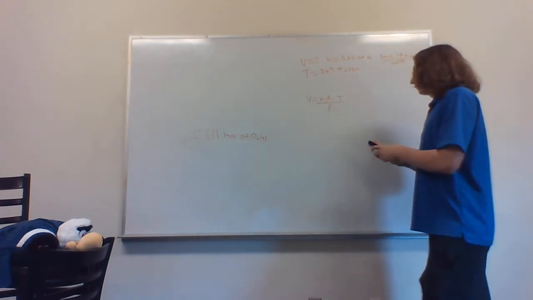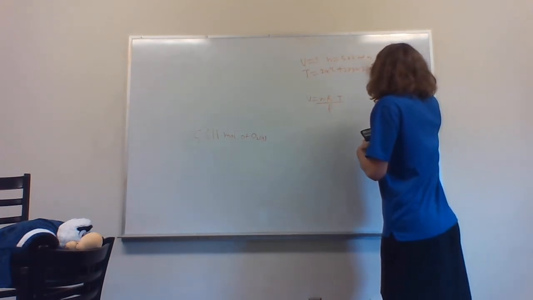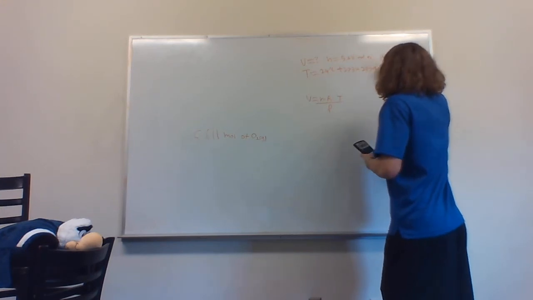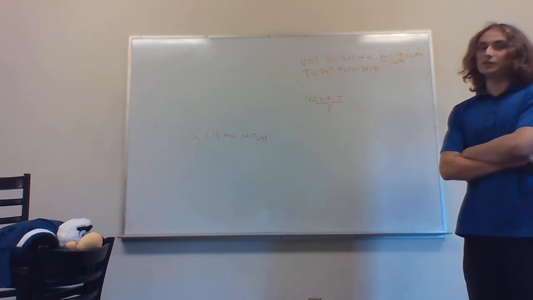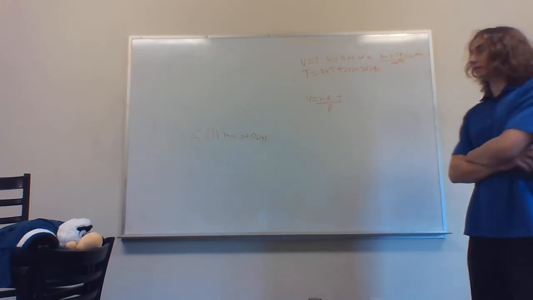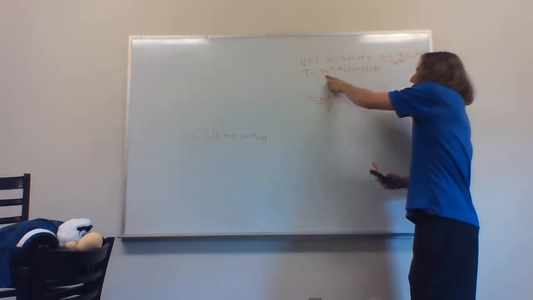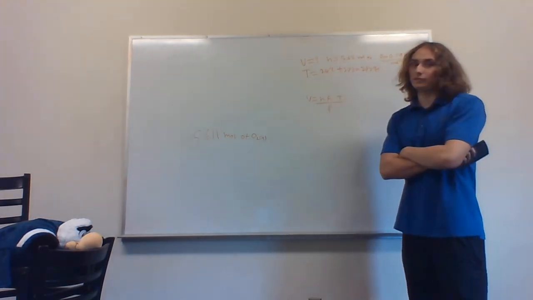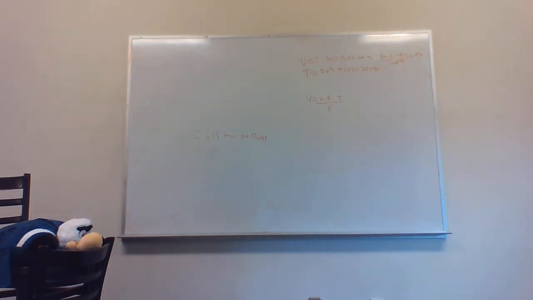So 24 plus 273 is 297 degrees Kelvin. Or if you know that at room temperature, it's 298 degrees Kelvin, and this is just 1 degree lower than room temperature, you could have just taken a guess. It's not 297, doesn't matter.